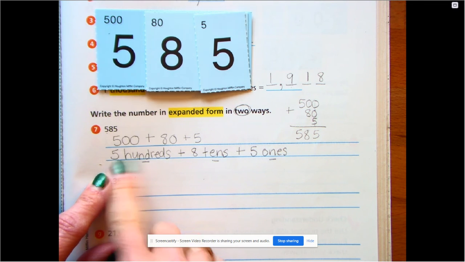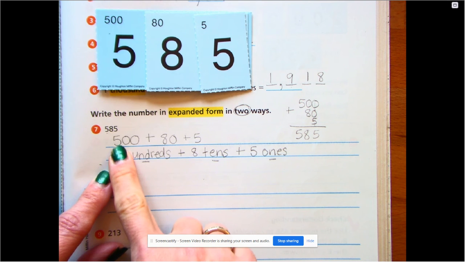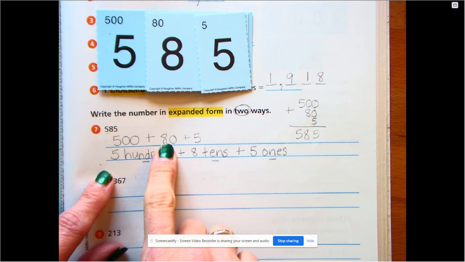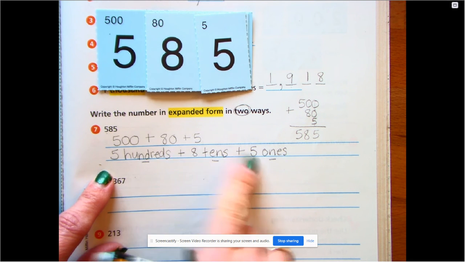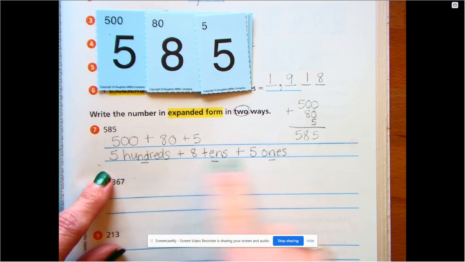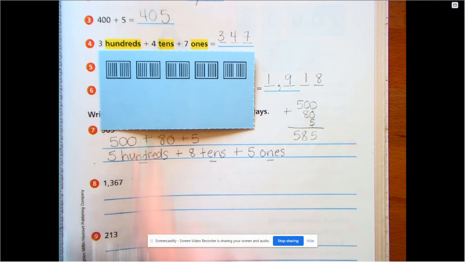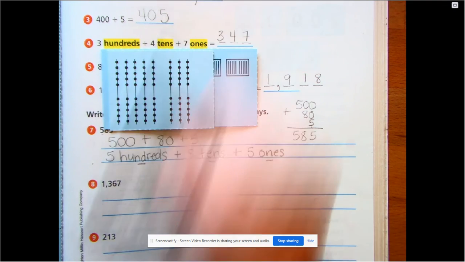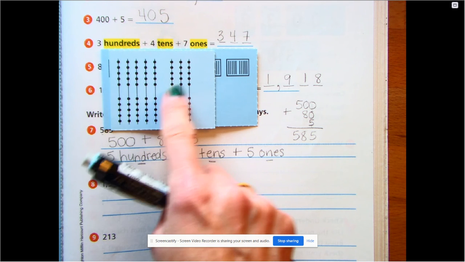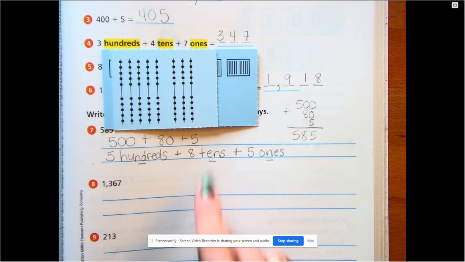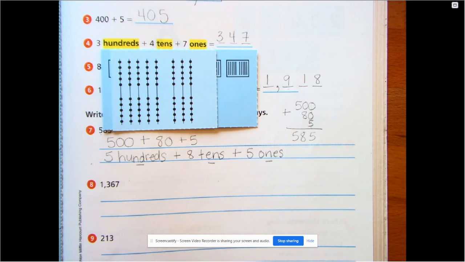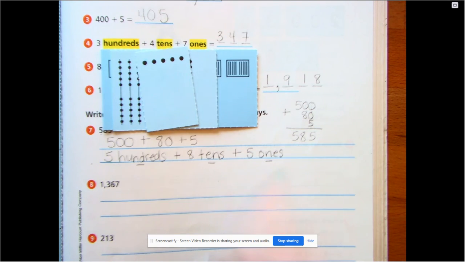And showing how many of each. 5 of the hundreds, 8 of the tens, 5 of the ones. This is where you use the back. How many hundreds? 1, 2, 3, 4, 5 of them. How many tens? 5, 6, 7, 8 tens, which is 80. And then how many ones? 5 ones.